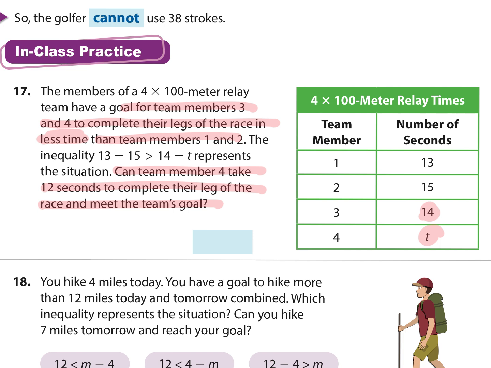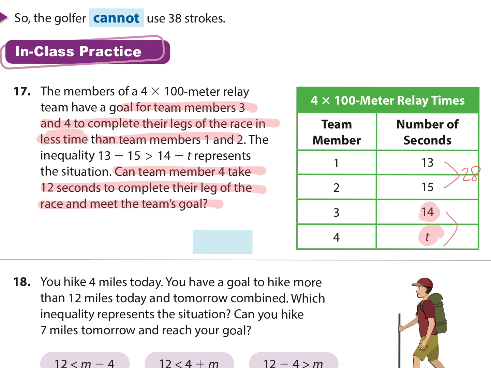But we do know that the goal is that these two people here finish in less time than these two people here. So what is the total that these two people have? 28. Okay. So then 28 has to be greater than whatever 14 plus team member 4 makes.